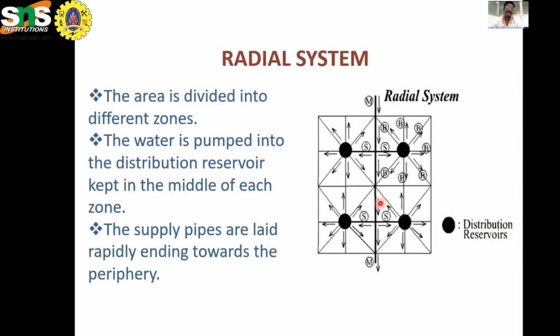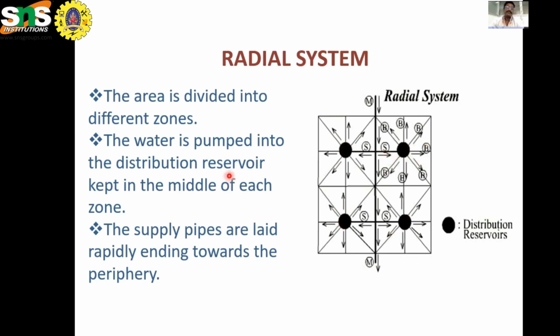Another one is the radial system. In the radial system, we have a main pipeline in the center of the city, and from there you will have the distribution reservoirs. For example, here you have 4 distribution reservoirs. From each distribution reservoir we have the branches, and from the branch you will have the submains.